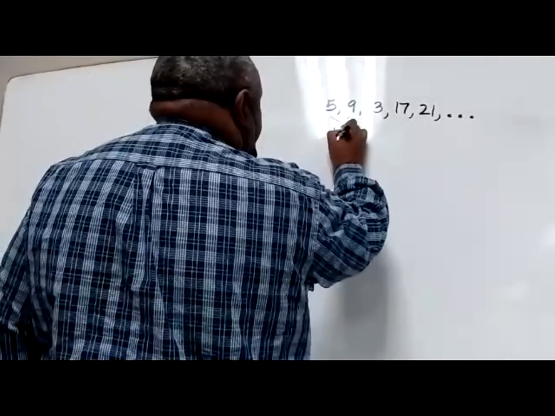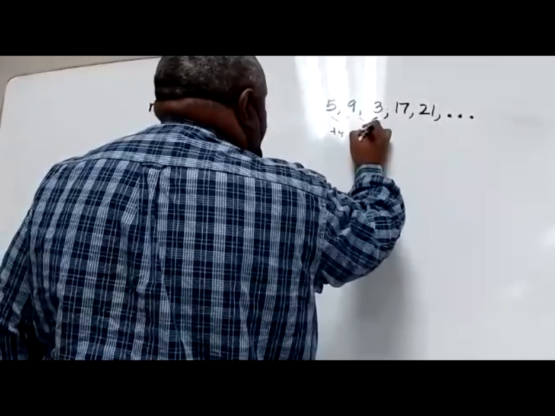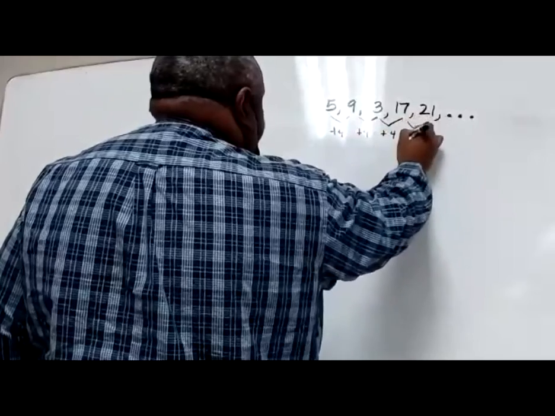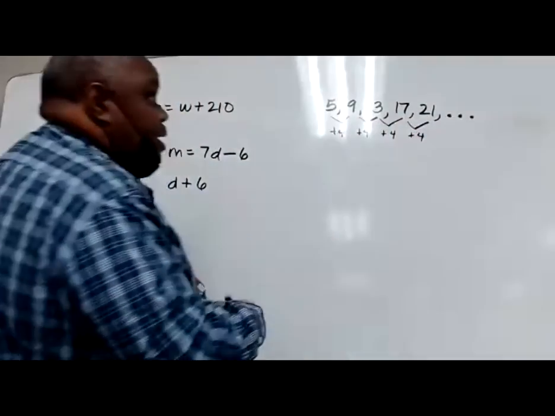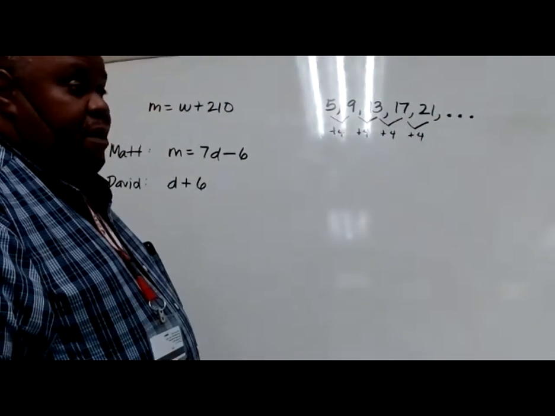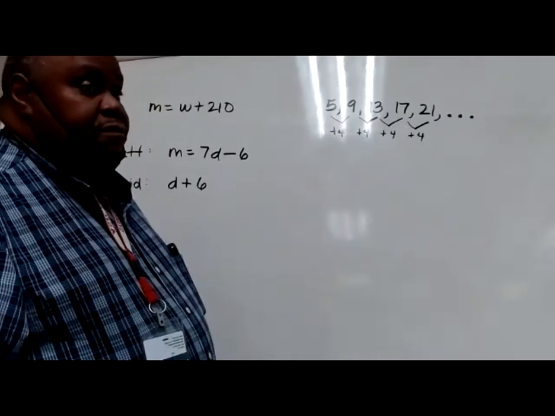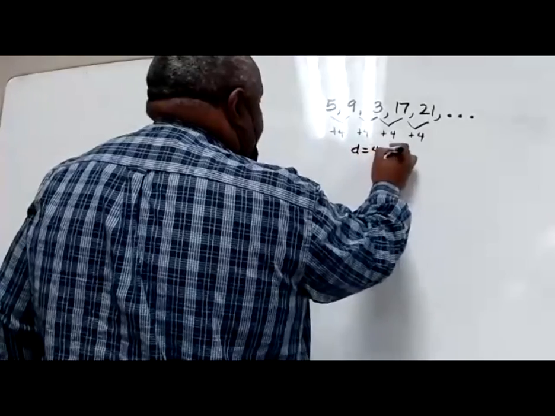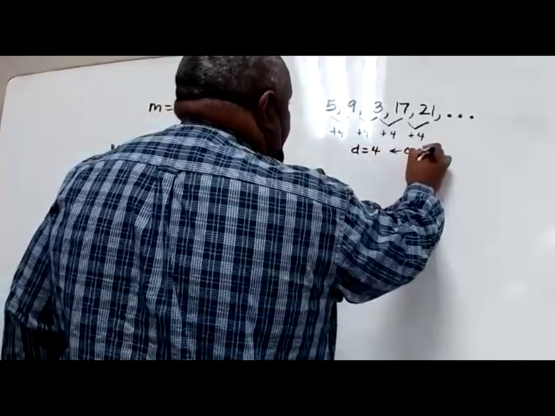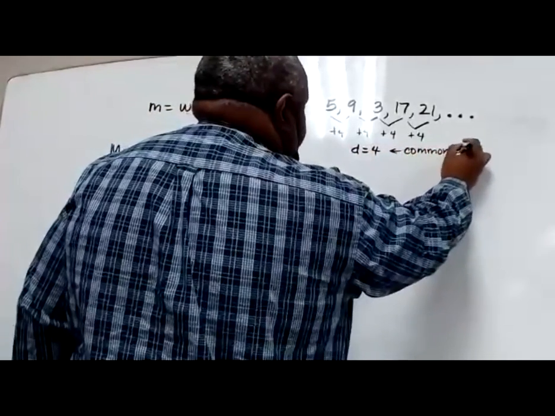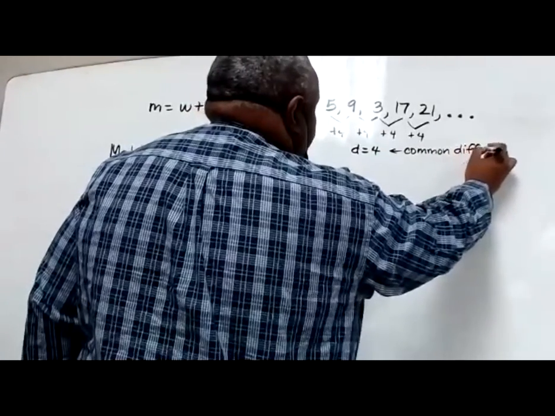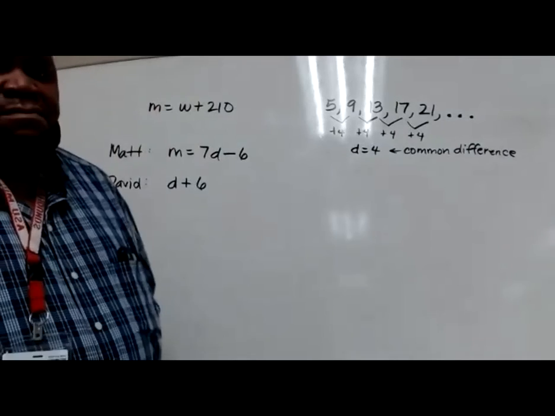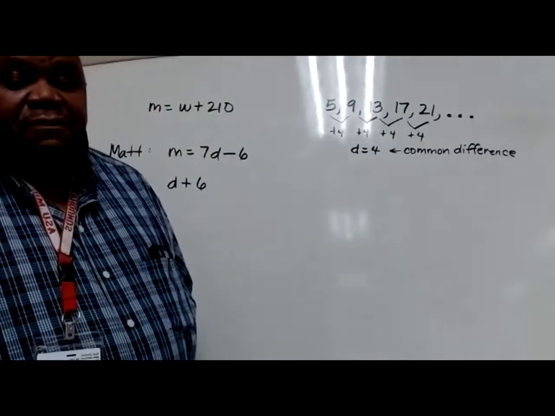From 5 to 9, I'm adding 4. From 9 to 13, I'm adding 4. From 13 to 17, I'm adding 4. And from 17 to 21, I'm adding 4. So if I want the next term of that sequence, I just have to add 4. So that D equal to 4 is what we call the common difference.